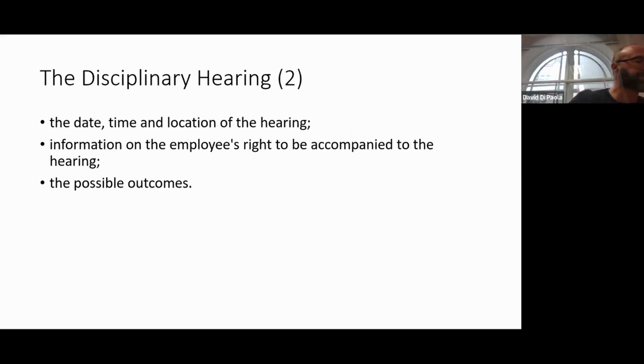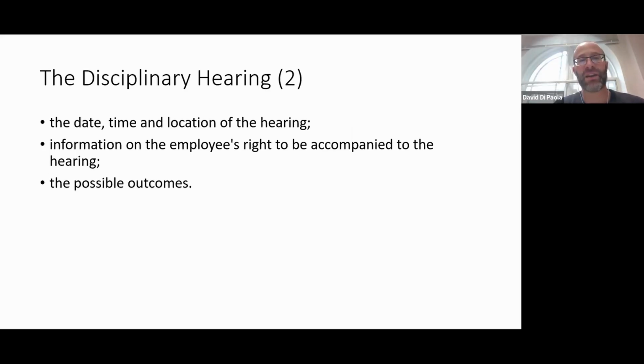The next slide. Yep, touched on this already. You're going to tell the employee when the disciplinary hearing is going to take place: date, time, and location. Again, one of the important points: employees have a right to be accompanied to a disciplinary hearing, and you should let the employee know what the possible outcomes will be.